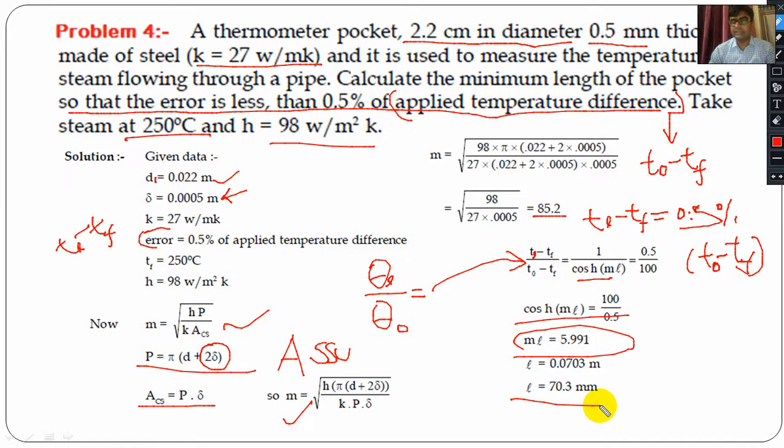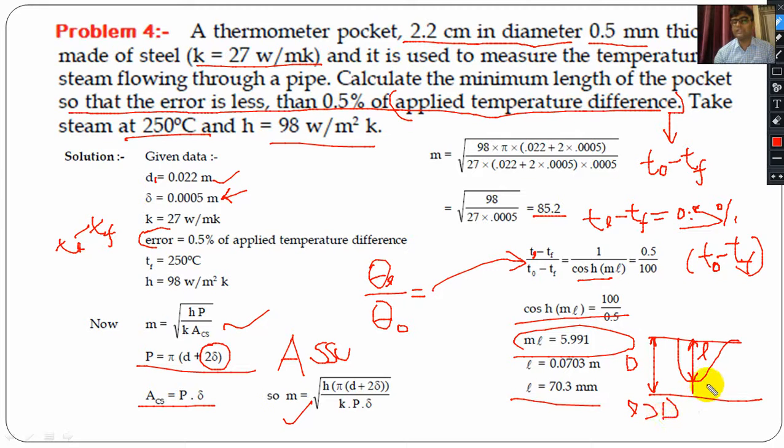Now, suppose it is also given that this is the pipe, and this is your thermometric well, and this is the length of the thermometric well, and this is the diameter of the pipe, where the fluid is flowing. Clear? Is it possible that L is greater than the diameter?